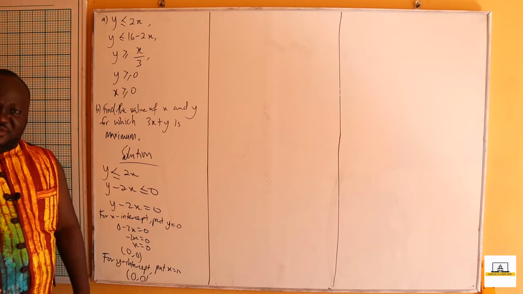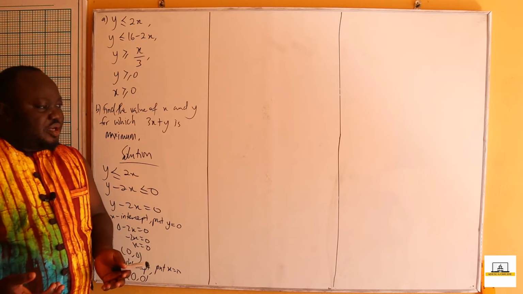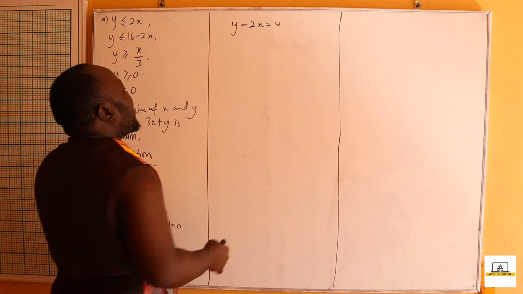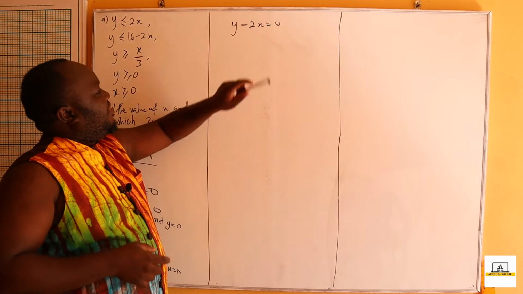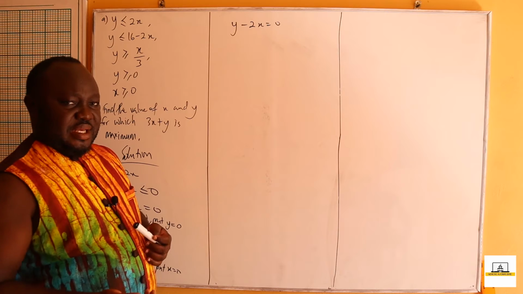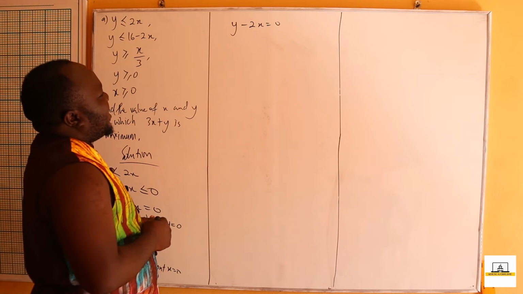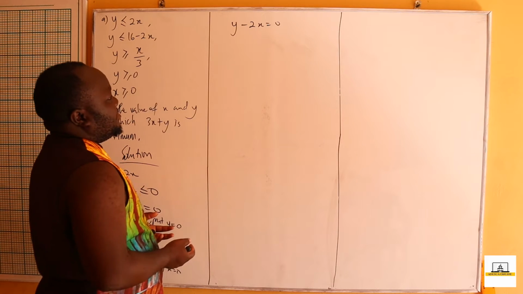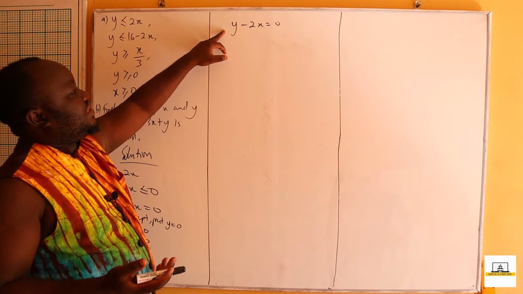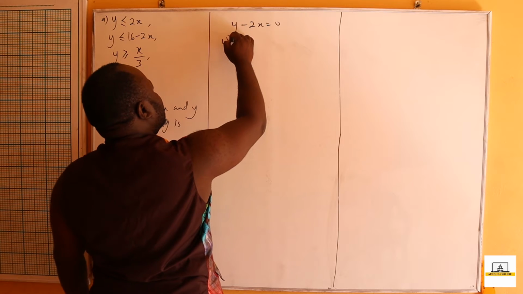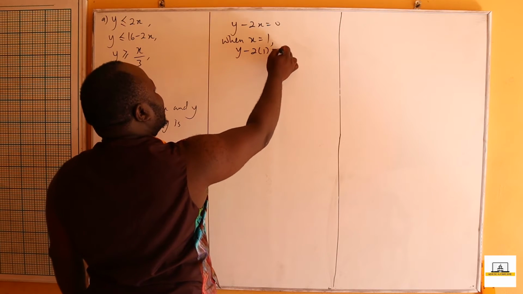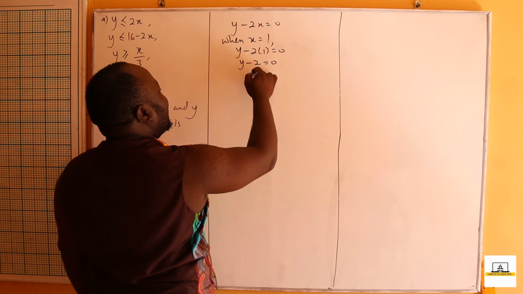We learned in our previous lesson that if the line is passing through the origin and I have my equation as y minus 2x is equal to 0, you can give the coefficient of x to y, or you can give the coefficient of y to x. In this case, the coefficient of y is 1, so if I give it to x, when x is equal to 1, we shall have y minus 2 times 1 is equal to 0, y minus 2 is equal to 0, y is equal to 2.